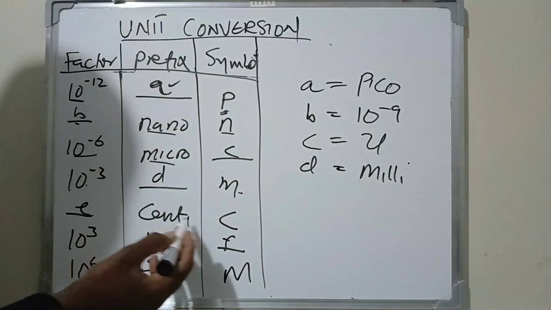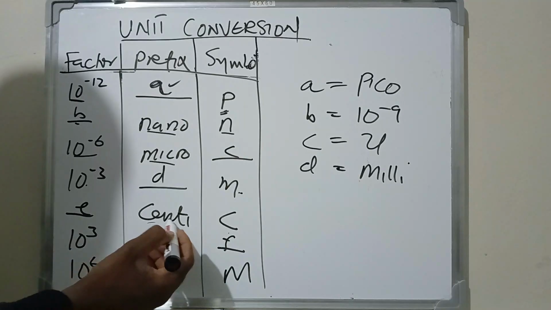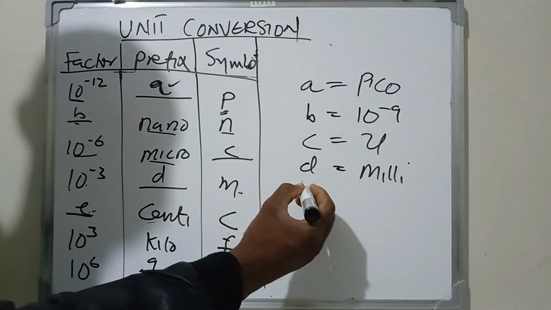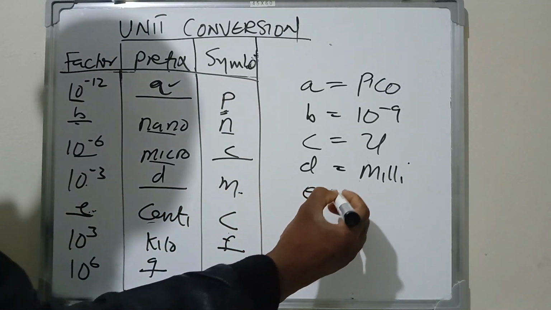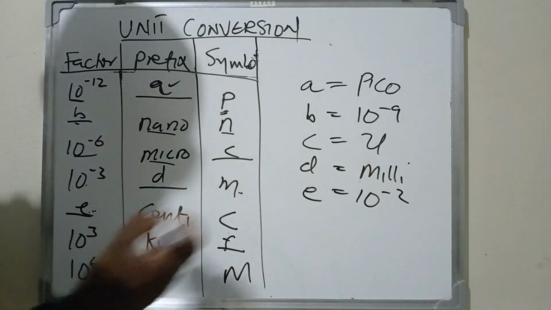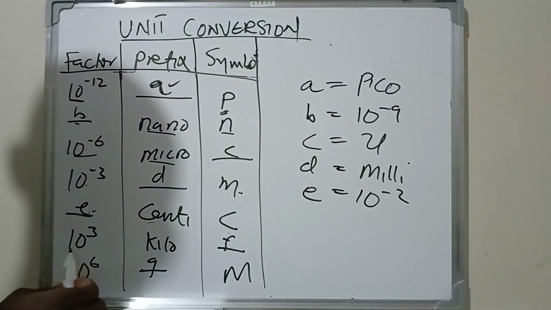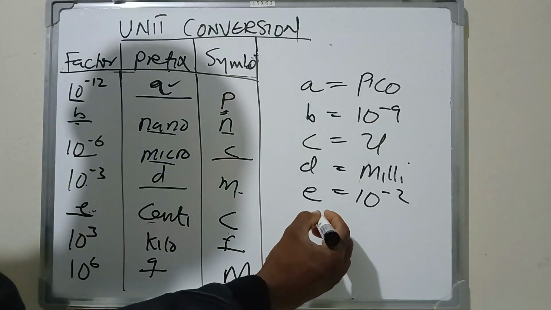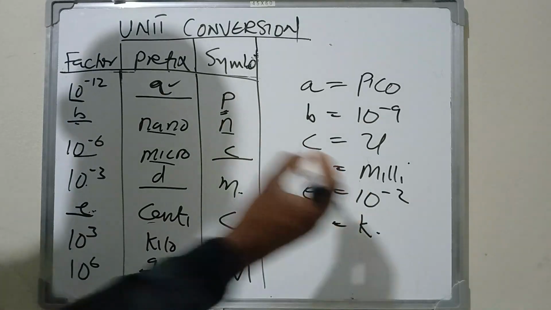Then centi here is times 10 to the power negative 2, so our E is equal to 10 to the power negative 2. Then when you go here, this is kilo, times 10 to the power 3, so F is equal to k.